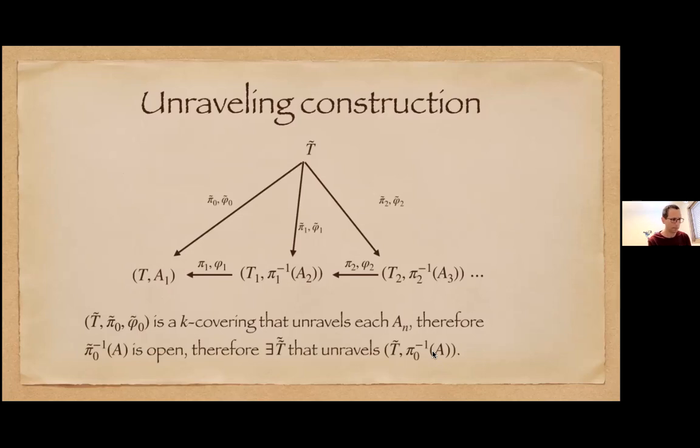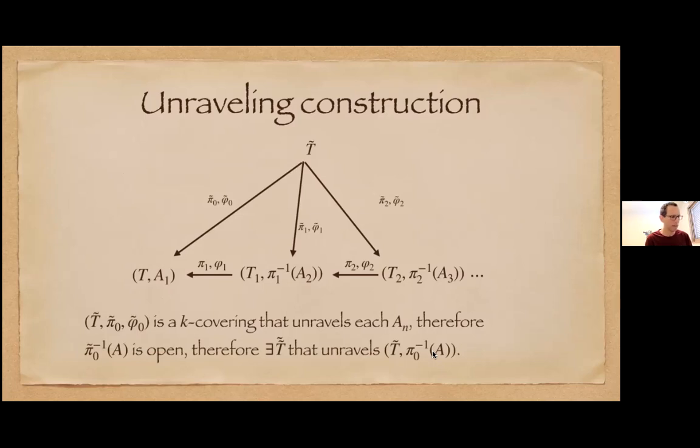So this is the mapping pi2, phi2. And not only do I have such a covering that unravels one another, I also make sure that these coverings are K plus L coverings. Okay? So the mappings, as in the previous commutative diagram that I've shown you, these mappings pi L, phi L are K plus L coverings.